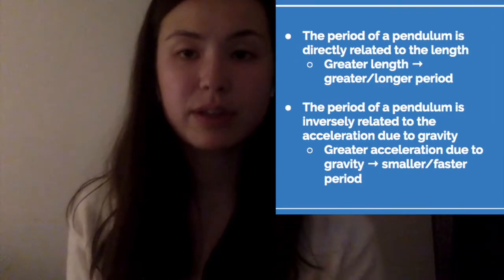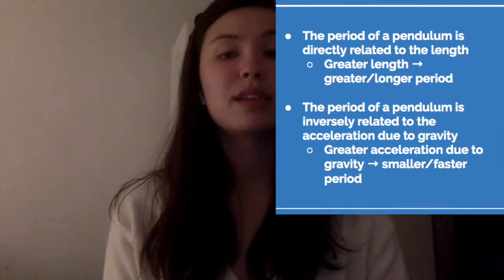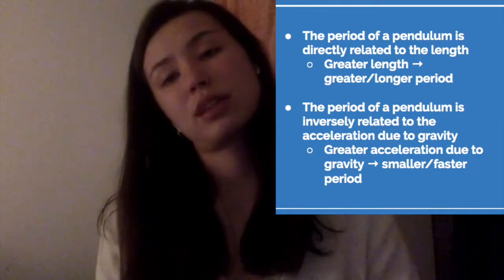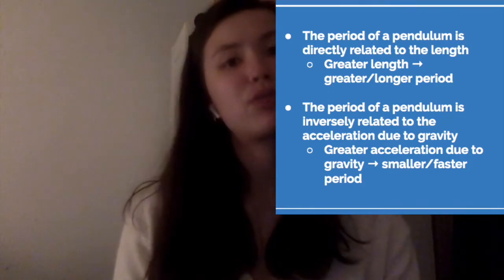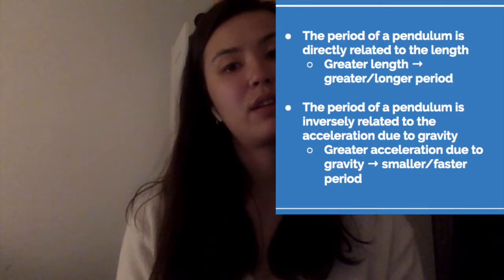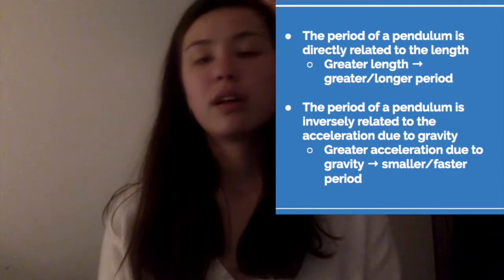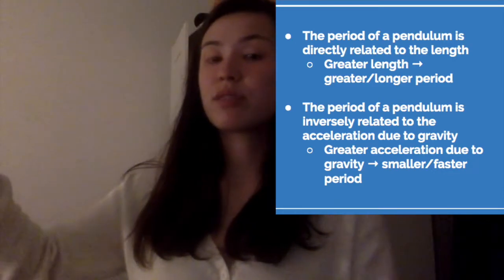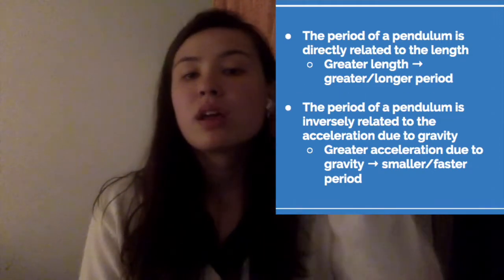And then we see that the period is inversely related to the acceleration due to gravity. So if we decrease the acceleration due to gravity, we're going to have a greater or longer period. And if we increase the acceleration due to gravity, we're going to have a smaller or faster period, right?